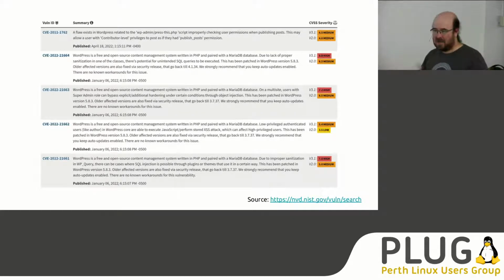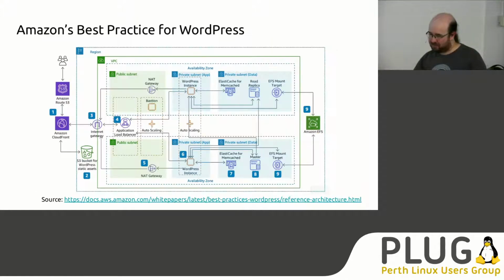But this does mean that you can't really install WordPress, forget about it, and just leave it up on the internet, because there's probably going to be problems which need to be patched. So it's something you're going to have to actively look after.